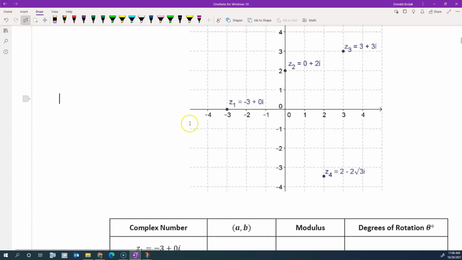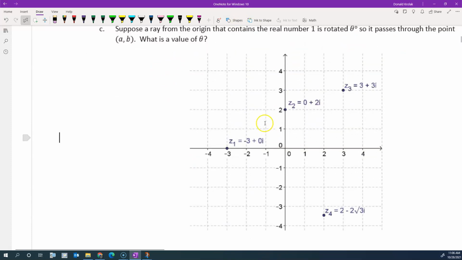Okay, so we've got this drawing up here. This right here is rectangular form. And what you're going to learn is that right there is identical to this.